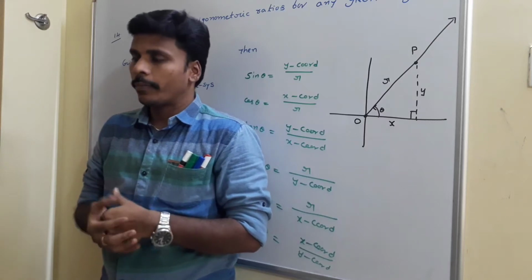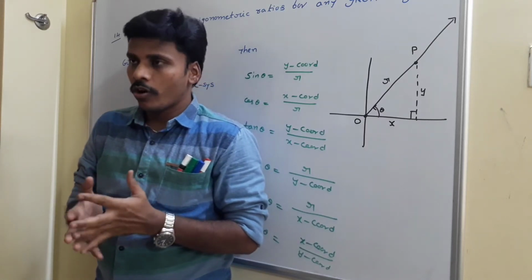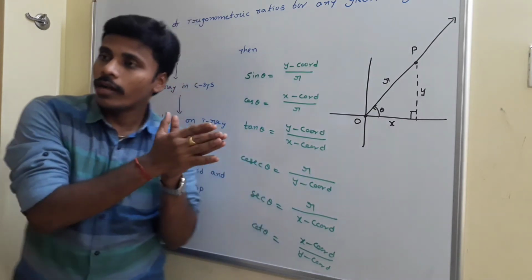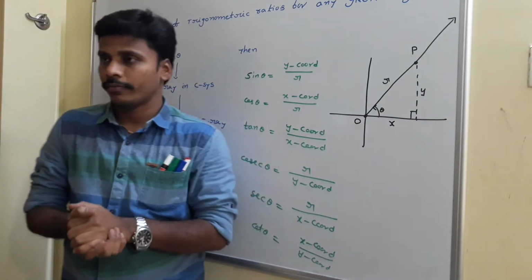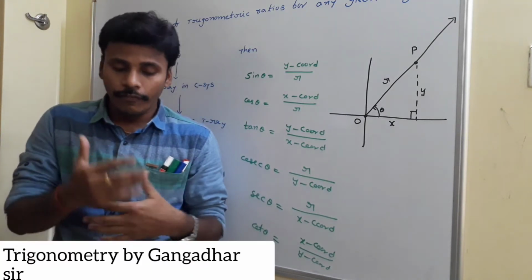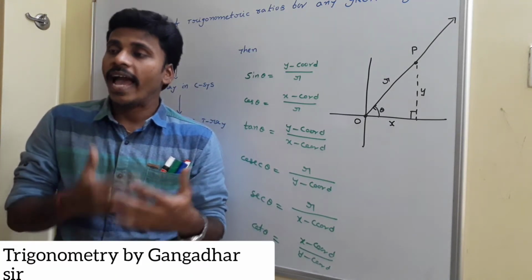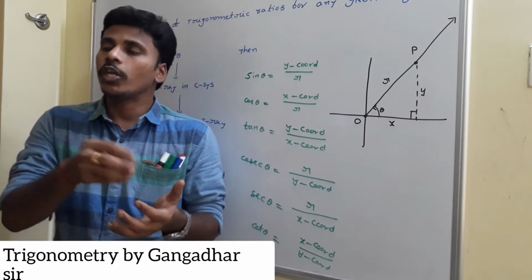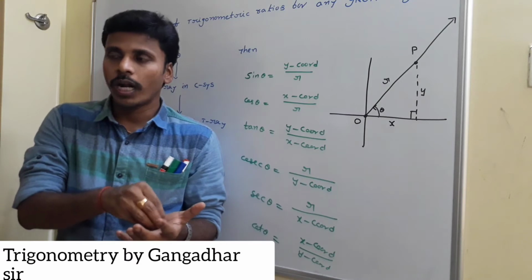Teacher: Right. Last week we started trigonometry, and now we are at the definitions of trigonometry. In the last week we learned different things which act as prerequisites for trigonometry. What are those things?